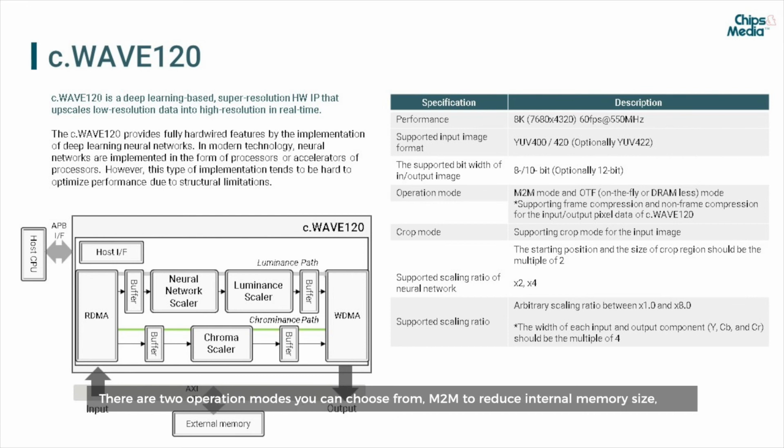There are two operation modes you can choose from: M2M to reduce the internal memory size, and on-the-fly to reduce bandwidth. It supports frame compression and non-frame compression formats for the input and output pixel data of C-Wave 120, with an arbitrary scaling ratio between 1 and 8.